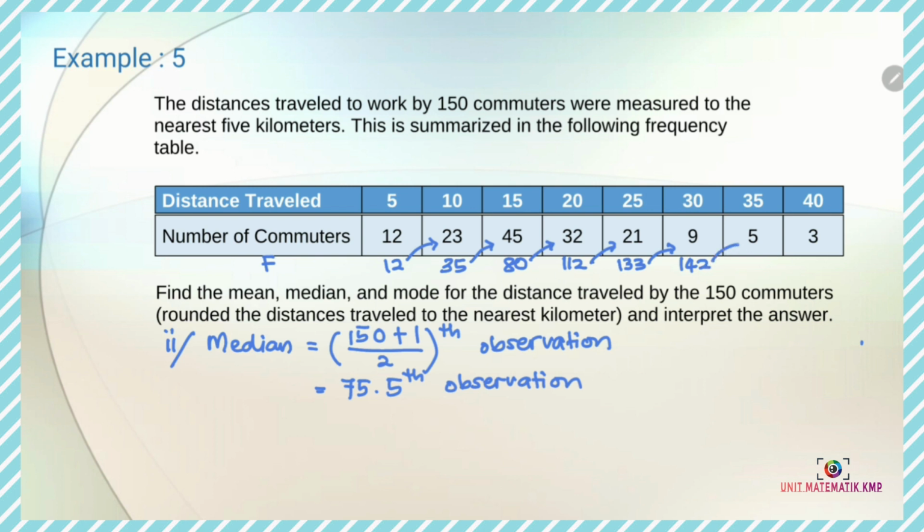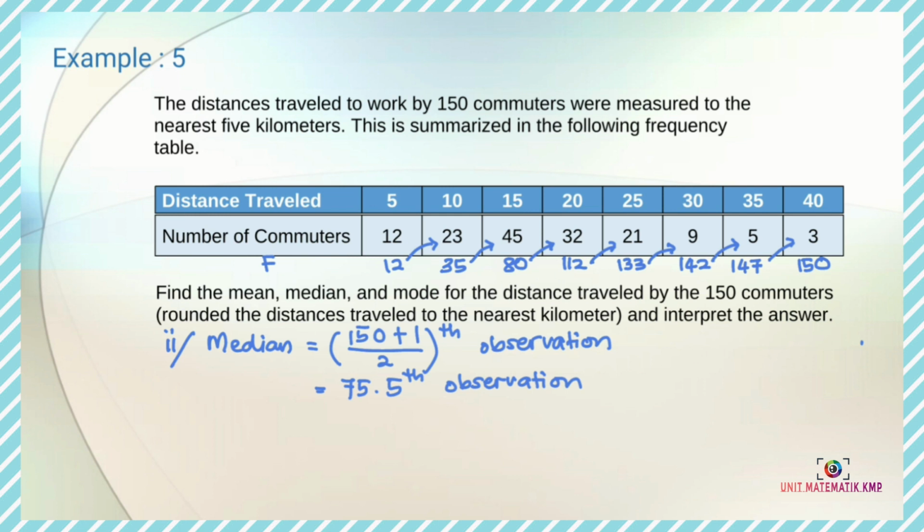And then we plus 5, we get 147. And then the last one, we plus 3, and then we get 150. So the median here is at 75.5 observation.